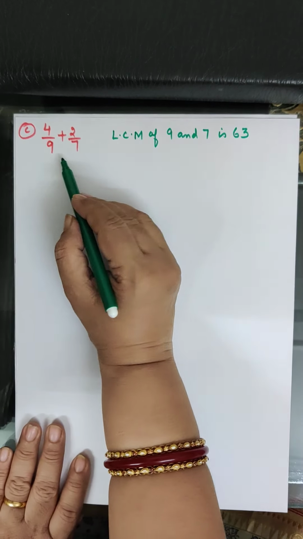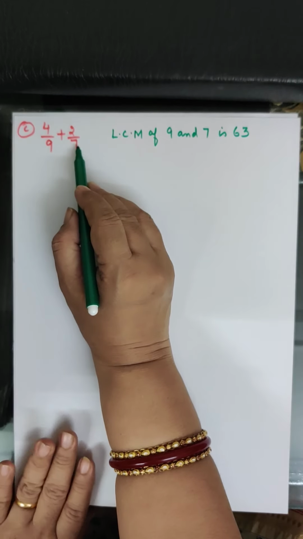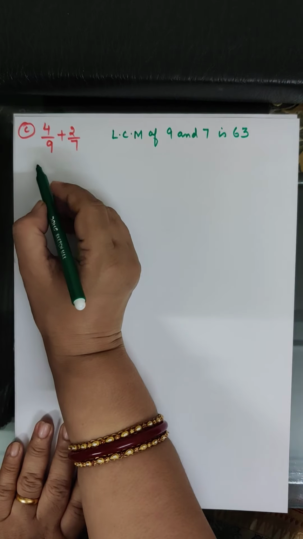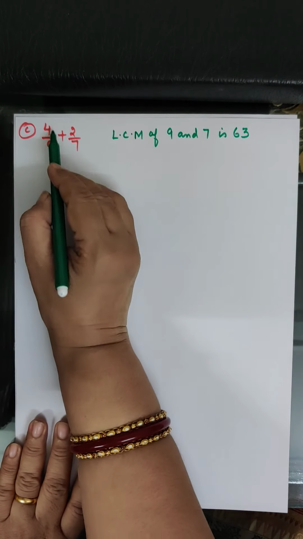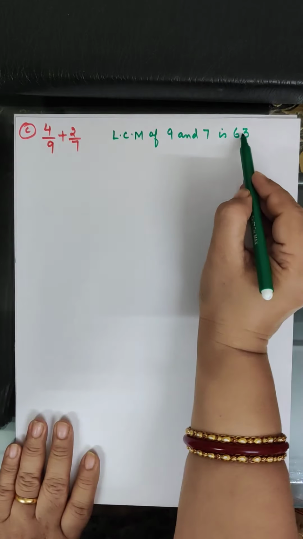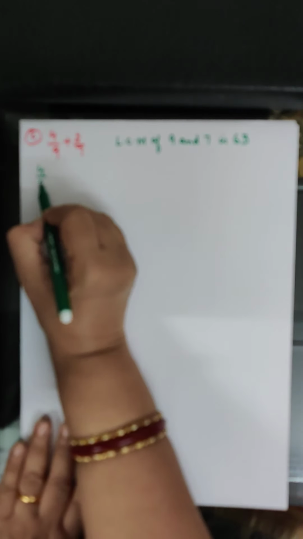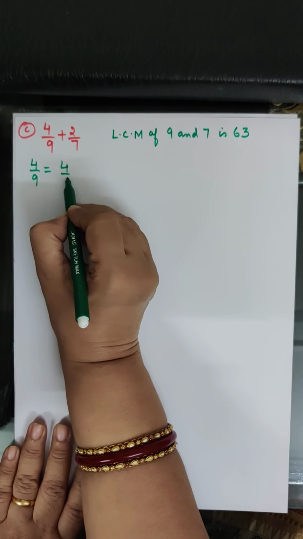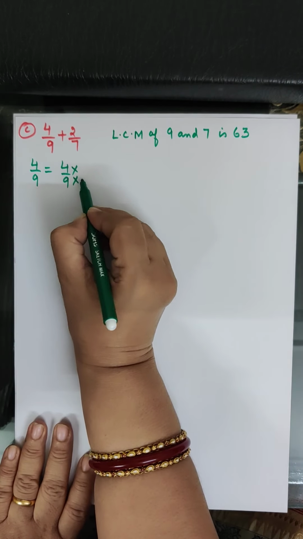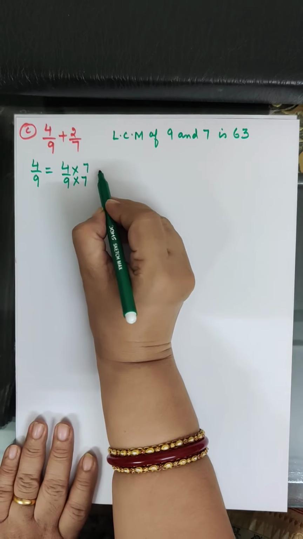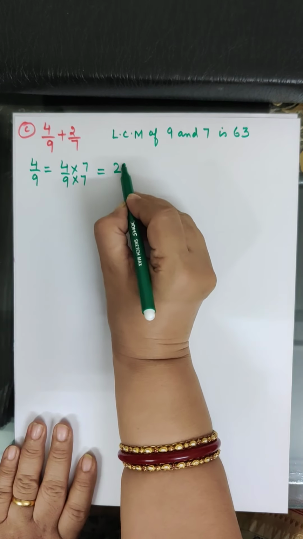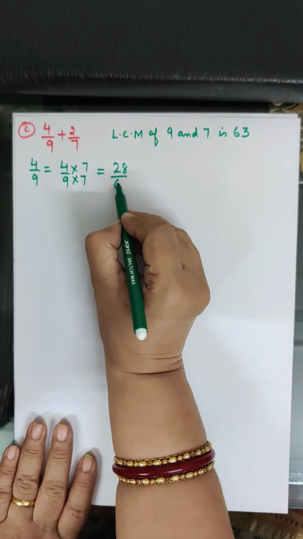So the LCM will be their product. So we have to write both the fractions in such a way that the denominator is 63. So we can write 4 upon 9 as 4 upon 9, we multiply numerator and denominator by 7. So 7 4s are 28, 7 9s are 63.